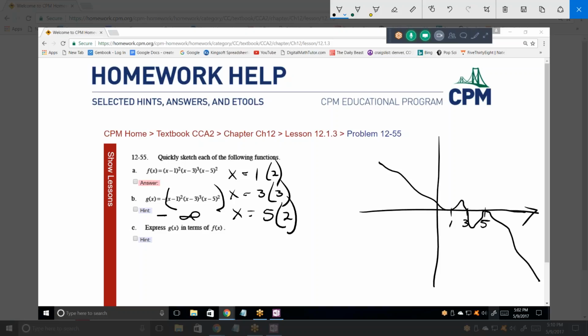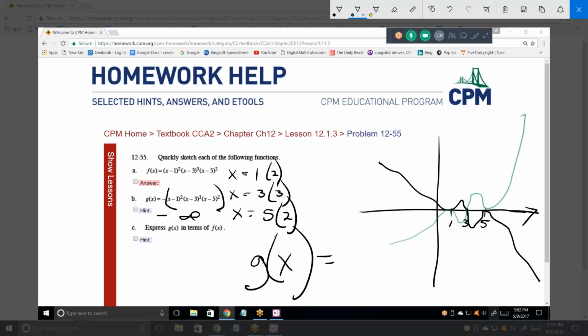Now, express g of x in terms of f of x. Remember, this was f of x. It's the relationship between those two curves. They're opposite. They're vertical reflections of one another.